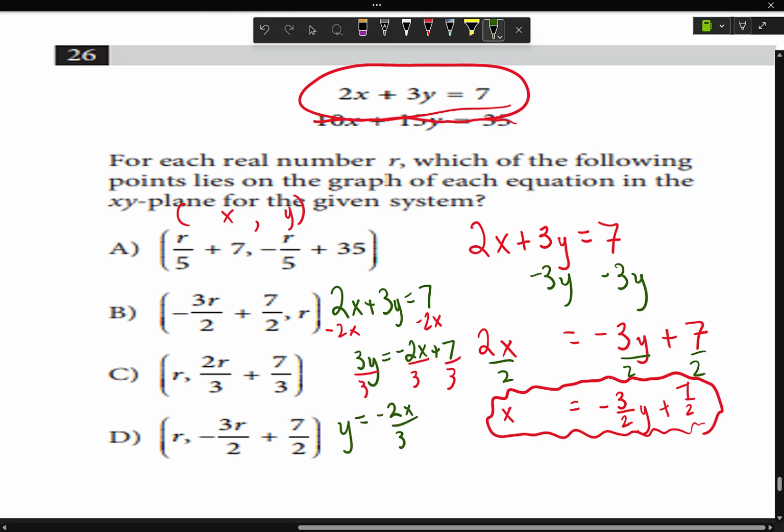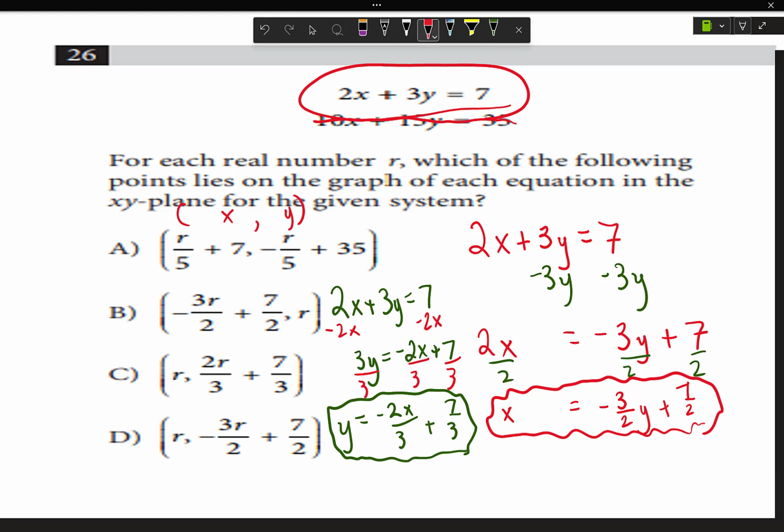And now we're going to look at our answer choices. This one's tricky. So we want to look for similar coordinates to what we have here. So let's start with the x coordinate, negative 3 over 2y plus 7 over 2.